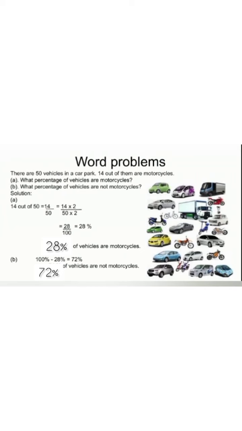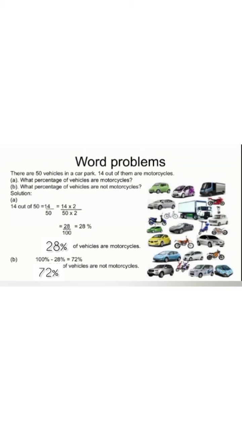This is a fraction form and I need to convert it into a percentage, but a percentage needs a denominator of 100. So converting 50 into 100 is such an easy job. You have to do what? Multiply 50 by 2. Similarly, if I am multiplying the denominator by 2, I'll have to multiply the numerator as well by 2.